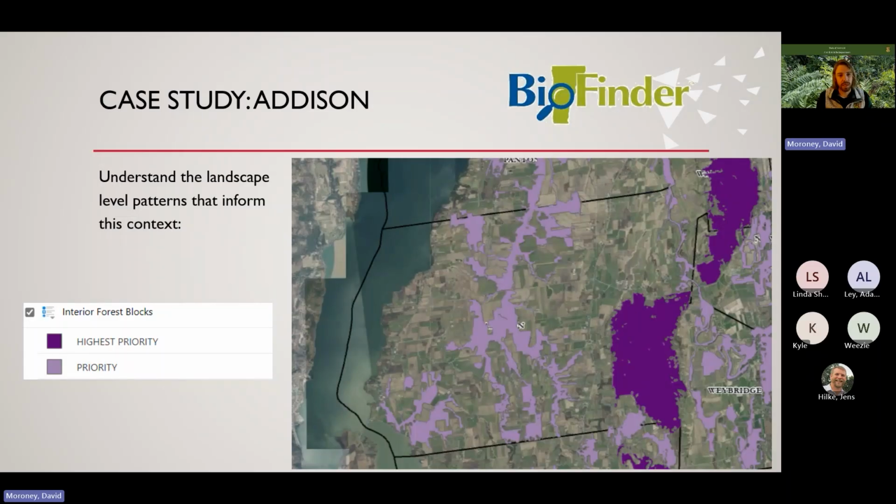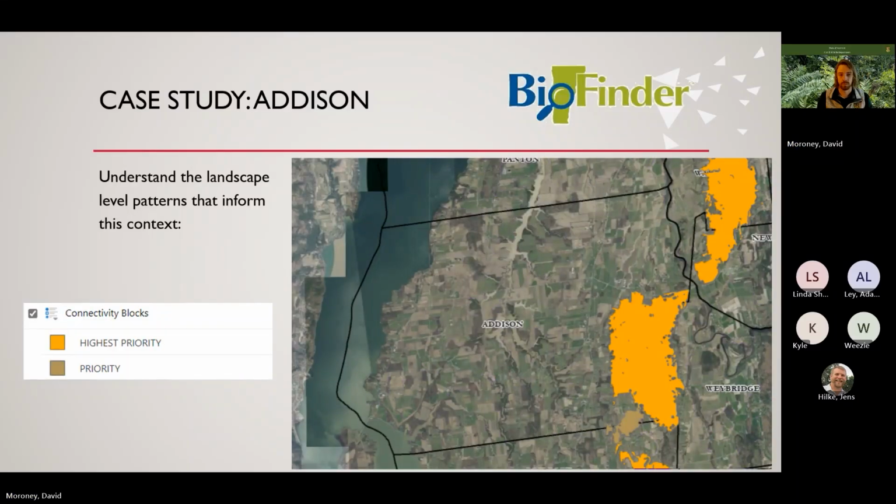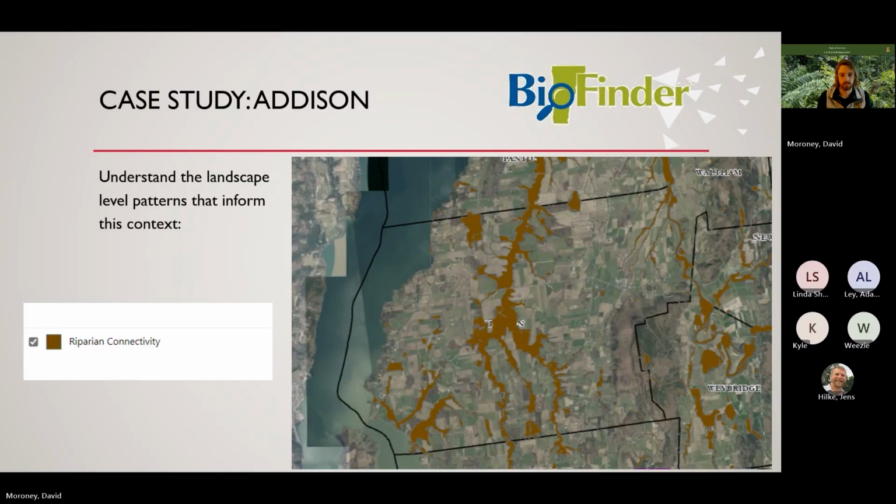But we also see that we have this patchwork of riparian connectivity features that are going to provide different functions that will be important to pay attention to. Here's connectivity blocks, so highlighting again that same patch of forest, which I believe is the Snake Mountain area. And our riparian connectivity, so we can start to break out the different functions that the overall priorities was highlighting.